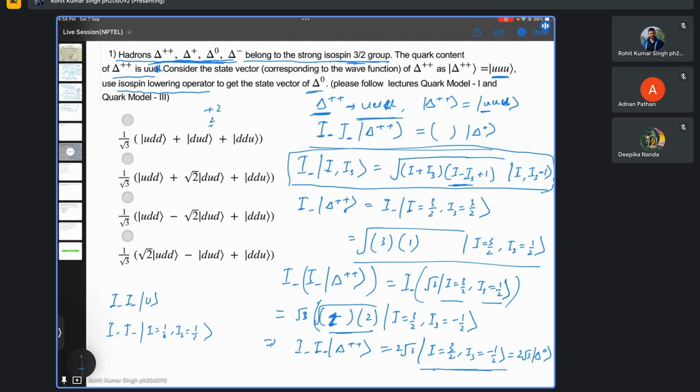Do you have an idea? You'll get the constant as 1. Yeah, constant will be 1.